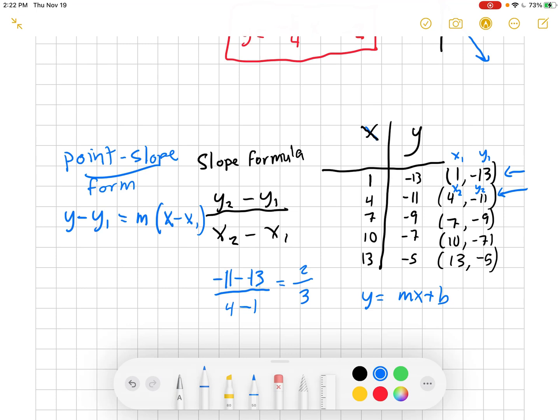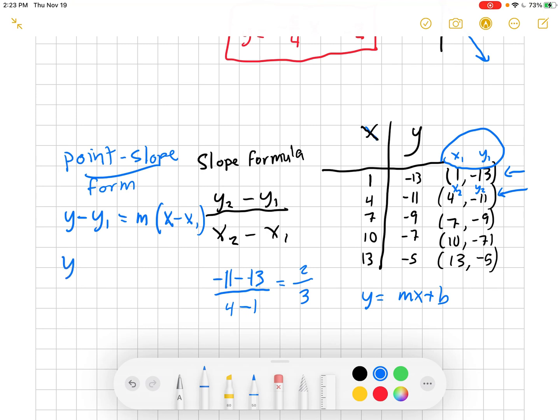Now this, I get that it looks kind of confusing because you have an extra y1 and an extra x1 compared to just the y and the x. But it's really not that bad once you realize that the x1 and the y1 are the same as the numbers that you used over here. You just get to plug them into this formula. So let's go ahead and do that.